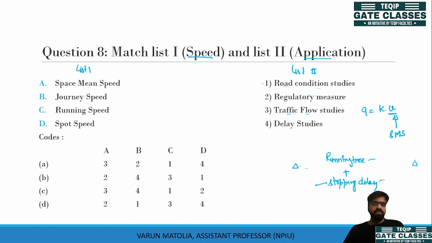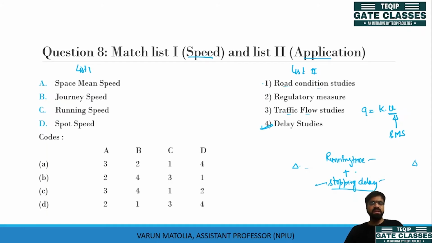Regulatory measures, there may be regulatory measures, but for journey speed we don't know why this stopping delay is, whether there is a stop because we want refreshment. It is nothing to do with regulatory measures. We can do delay studies if we know what type of stopping delay it is.